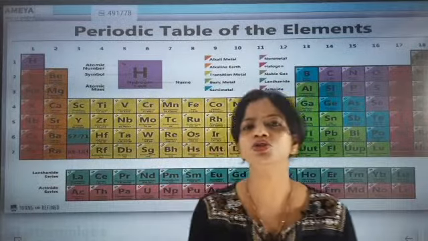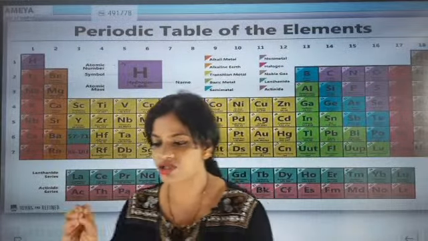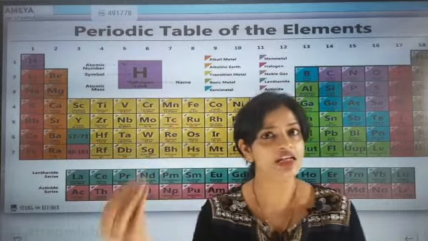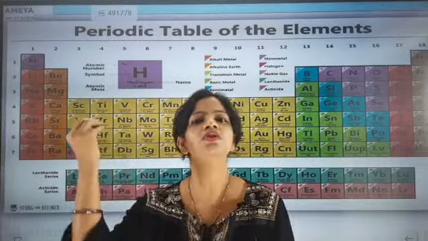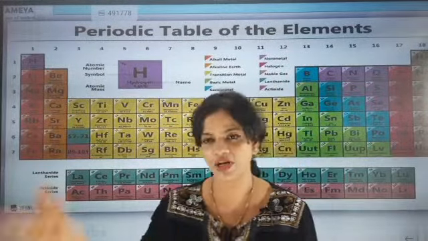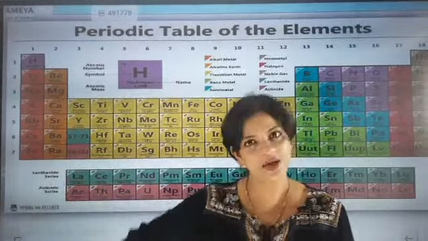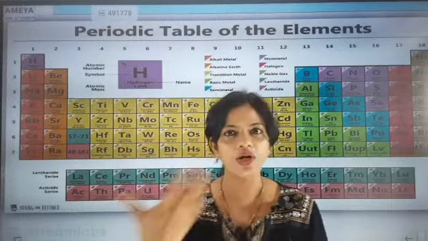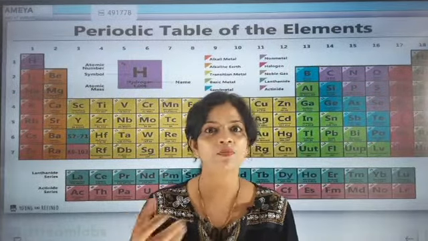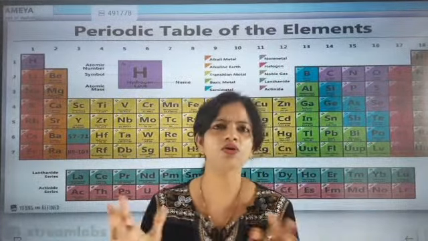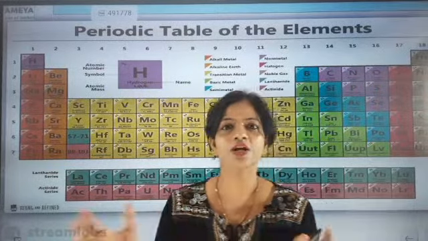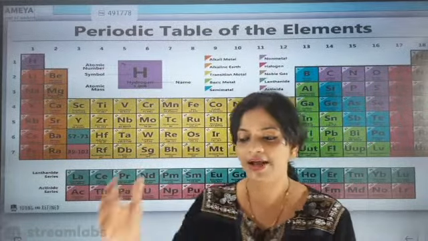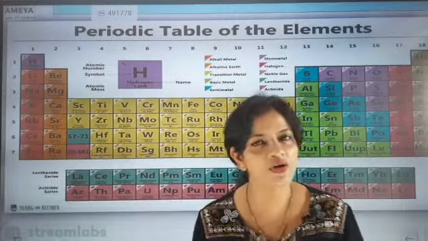Yesterday I told you the story about oxygen, that oxygen has to accept 2 electrons. First it will accept 1 electron. After that, nuclear charge will become more effective and electron-electron repulsion will be there. Since electron-electron repulsion will be there, it will create a problem for the addition of a new electron.